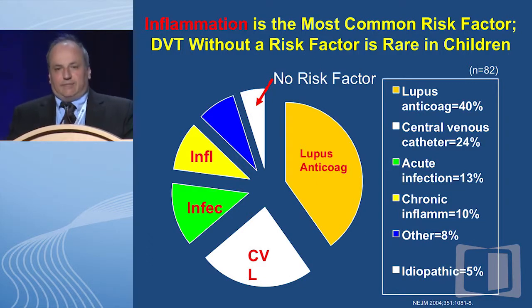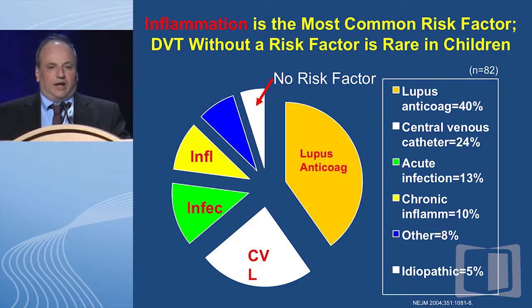So, as I mentioned, and to just re-summarize, inflammation is the most common risk factor that predisposes to clot in patients with inflammatory bowel disease. And in fact, when you look at children in particular, deep venous thromboses without risk factors are actually very rare in children, unlike adults.